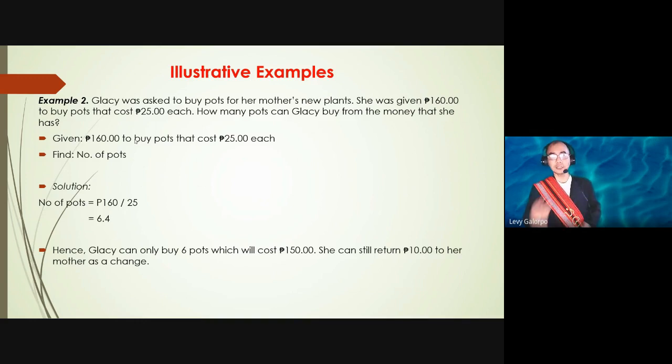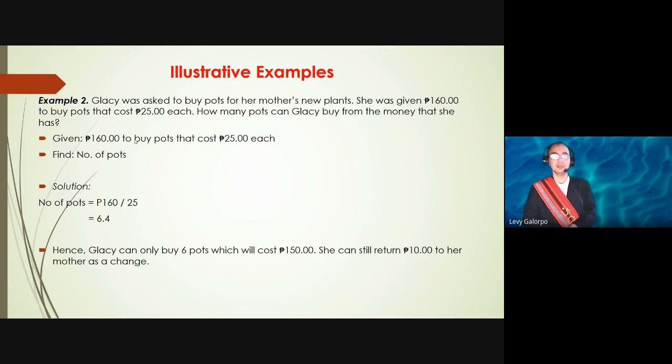Ang given natin dito ay 160 pesos. Yung binigay sa kanyang pera. Tapos, ano pa? 25 pesos cost ng bawat isang pot. So, what should we find? The number of pots na mabibili natin sa 160 pesos.